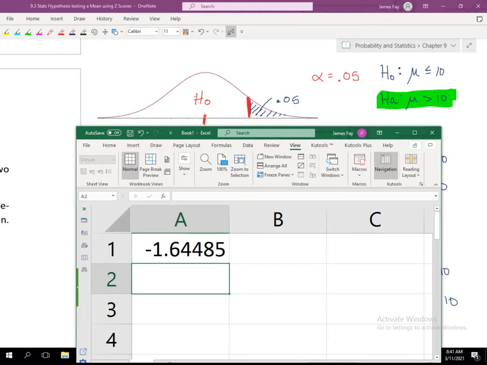Even though I want a right-tailed test, that z-score and this z-score here should be the same except for the sign, because of symmetry. So I can just type in the alpha, and since it's a right-tailed test, I know to use the positive version of that number. It might be easier for us that way. It's your choice, but that is going to be the critical value.